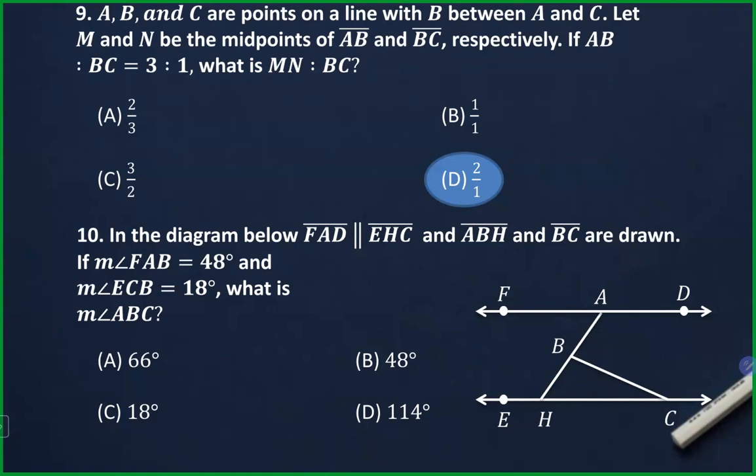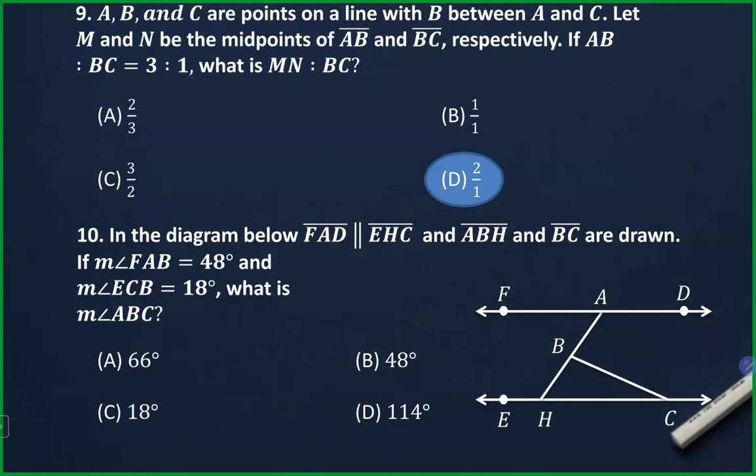Now, in the diagram below, the segment FAD is parallel to segment EHC, and ABH and BC are drawn.